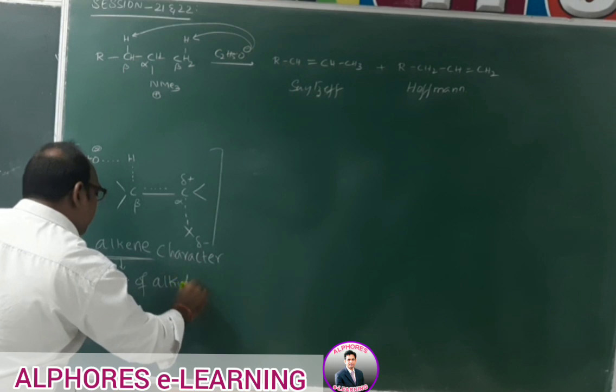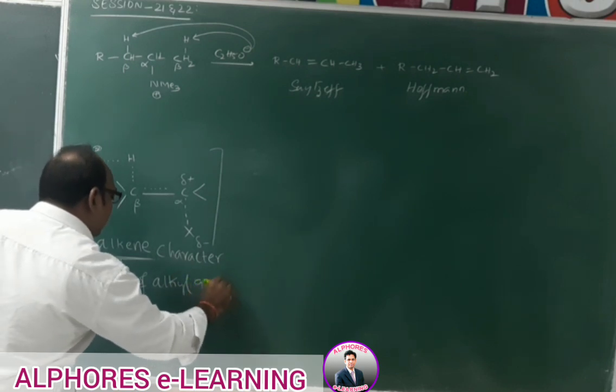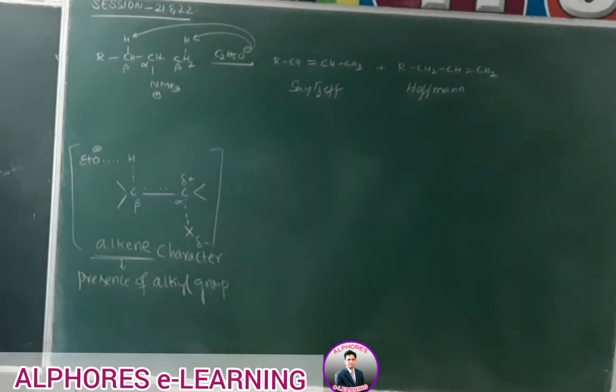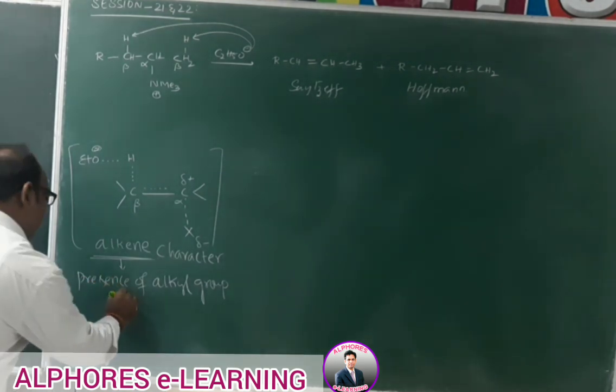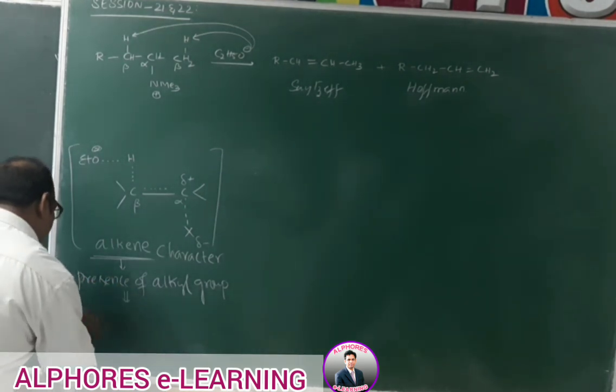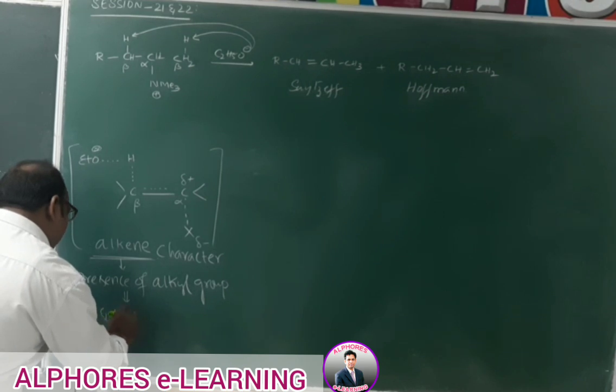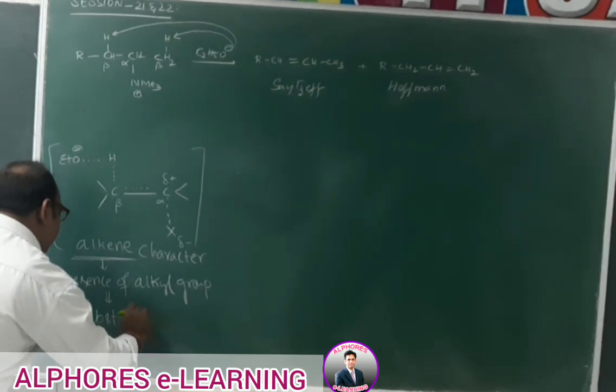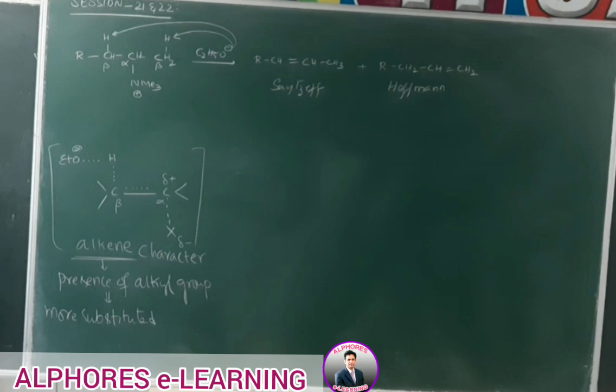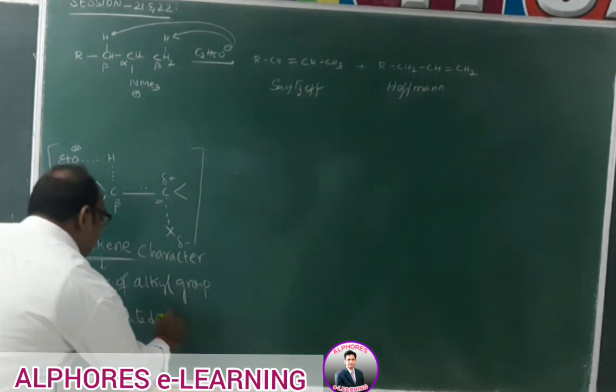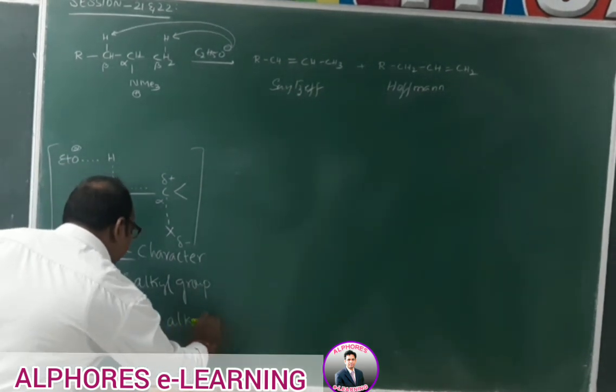We can say the presence of alkyl groups stabilizes this alkene-character transition state more, which leads to the more substituted product. The more substituted alkene is nothing but the Saytzeff product, also called the Zaitsev product. So the more substituted alkene is predominant.